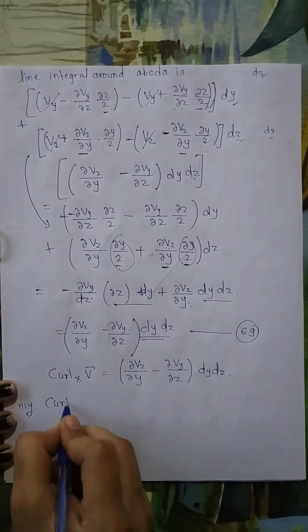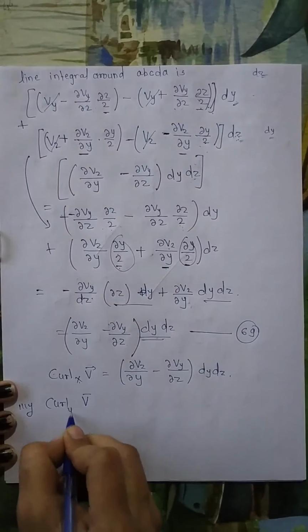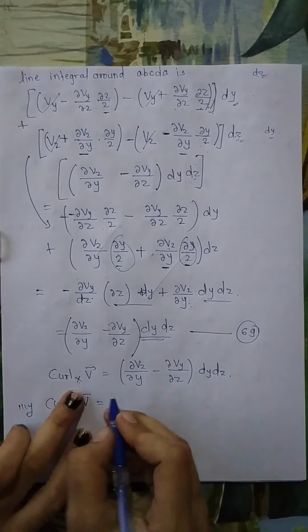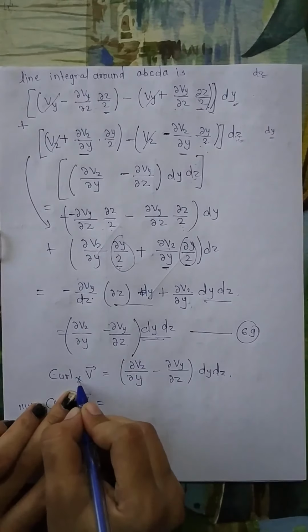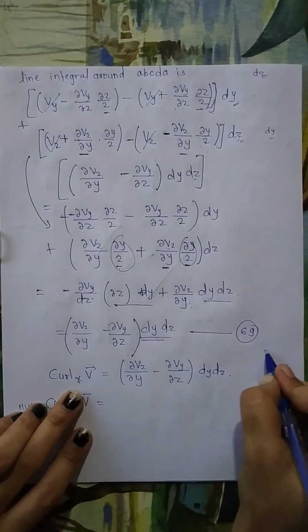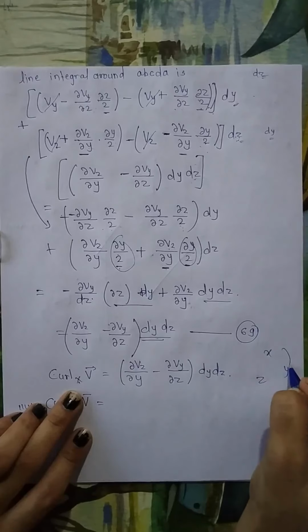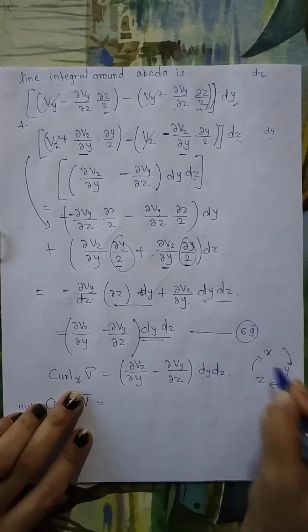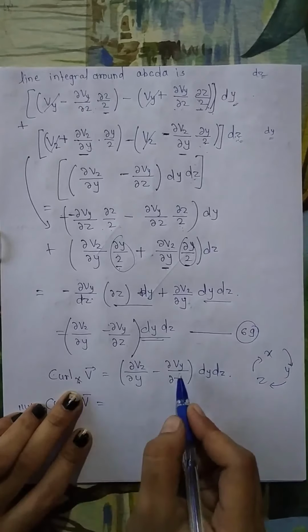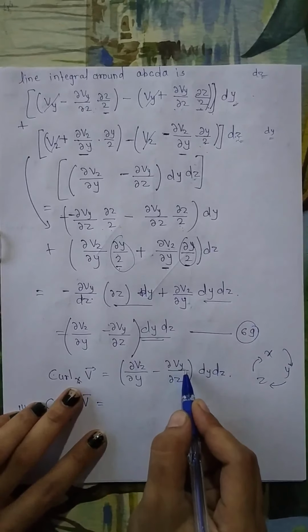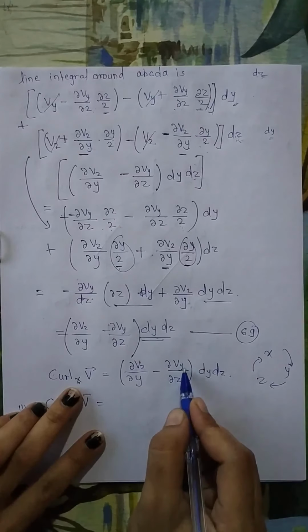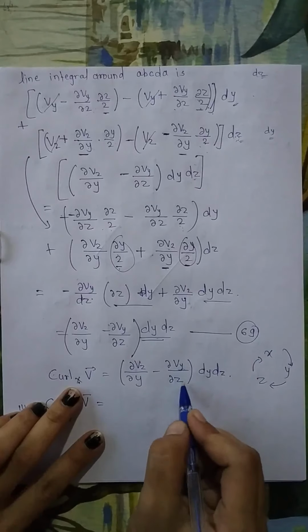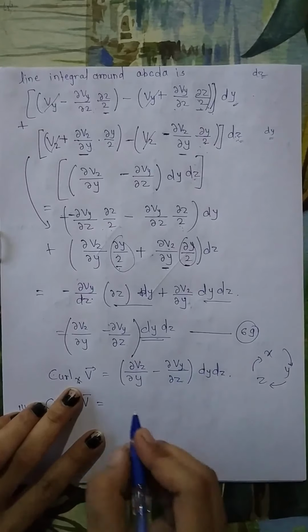So curl of v bar along y is taken as, now here observe, here there is x. Now after x, y, there comes y, x, y and z. So this is the cyclic order. So after x there comes y, which is taken as negative, and it is the differential of dou y by dou z.